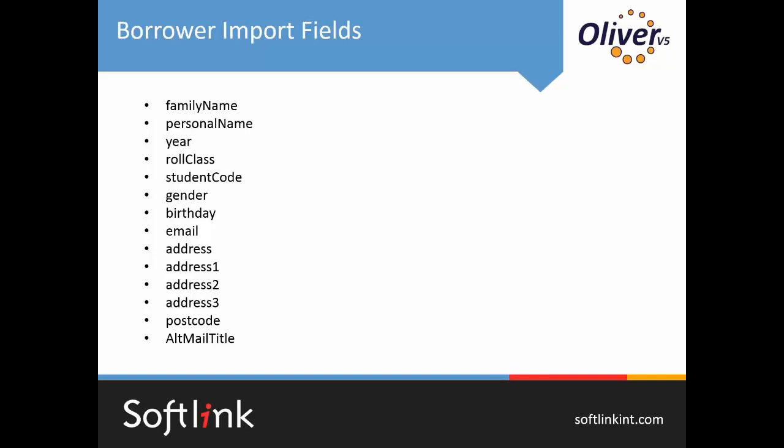If you are importing just new borrowers, then you would still need to go through this incrementing of the years and possibly the roll classes. If you are importing records for both new and existing borrowers, you shouldn't need to go through the increment process.